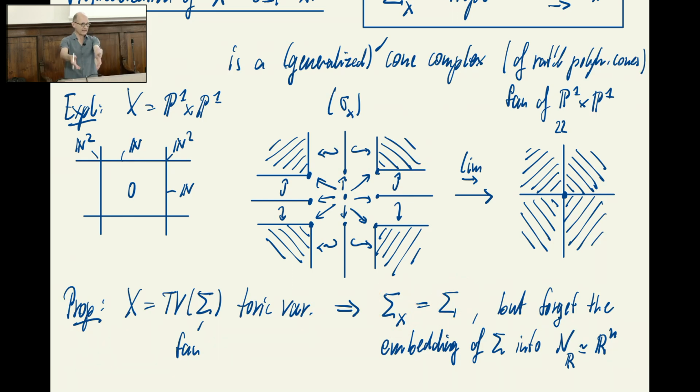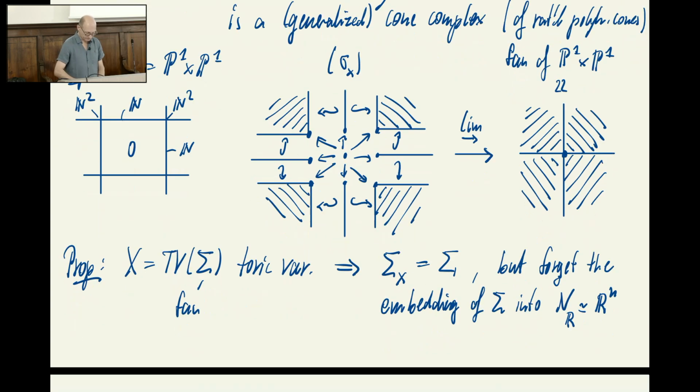It retrieves the fan as a set, together with its decomposition into cones, but you won't naturally have an embedding into a lattice or a vector space. That has to do with the torus actions that you don't see logarithmically right away. So it's just this cone complex, and this gives you many examples of this kind of tropicalization. Look into books on tropical geometry for all kinds of beautiful pictures. All of these arise here very naturally. Are there questions? Okay.